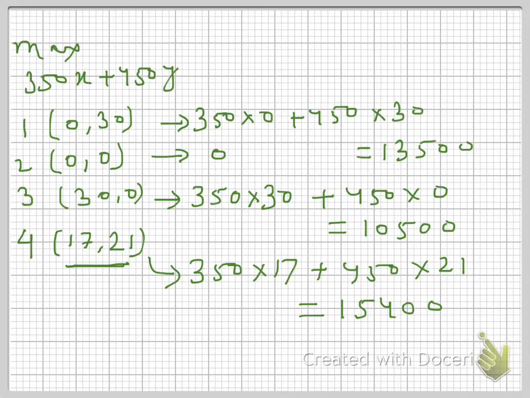So the optimum solution is 17, 21. That is, if you produce 17 units of product A per day and 21 units of product B per day, then you get the profit 15,400 rupees per day, which is the maximum out of the 4. You cannot get better profit than this.